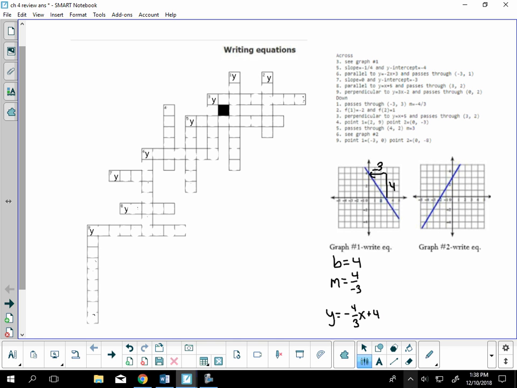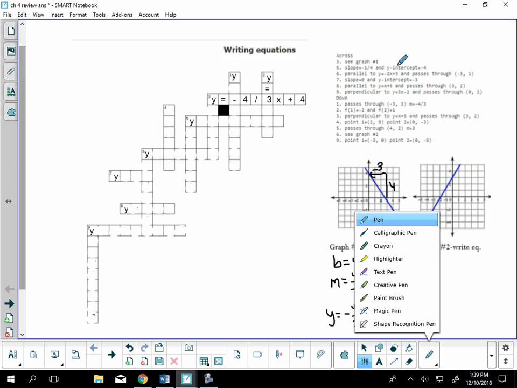And when we put it into the spot over here, I'm going to put each thing in one space. So the negative has a space, the 4 has a space, the slash mark has a space for the fraction bar, the 3 has a space, and so forth. So we went ahead and we've got that one done.